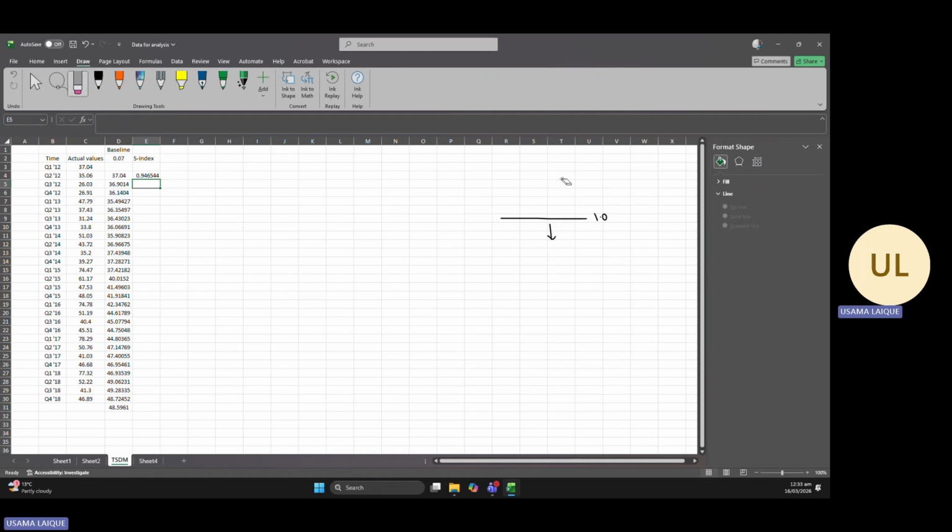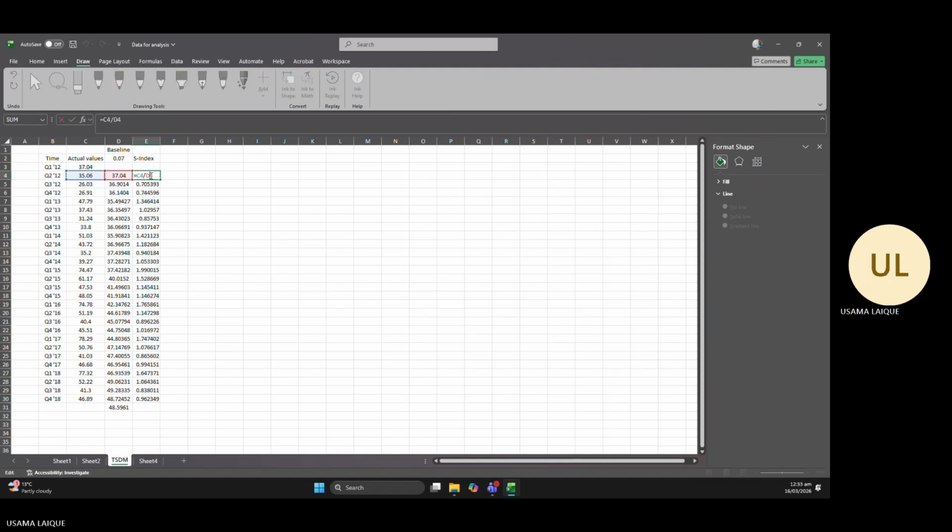Now let's proceed with this estimation. If we continue in that way and extend that across, you see some values are below the baseline. Once again, Q3 is below.